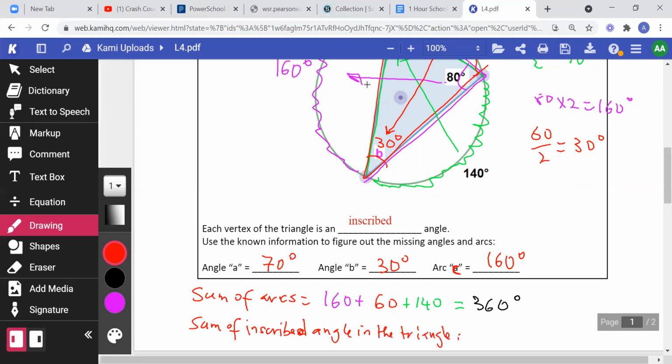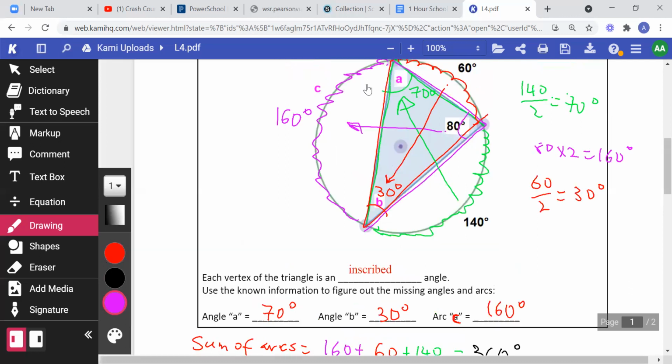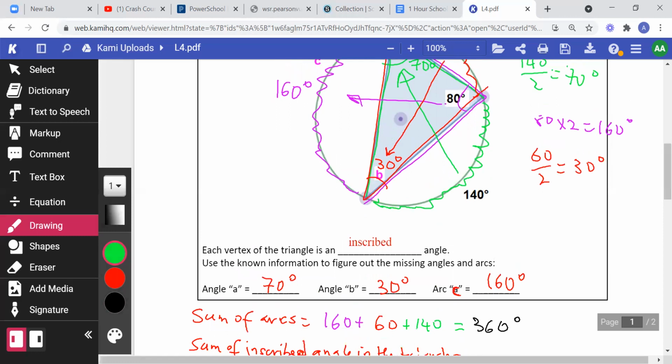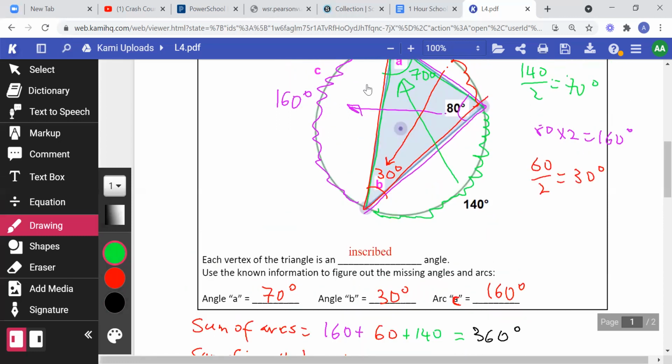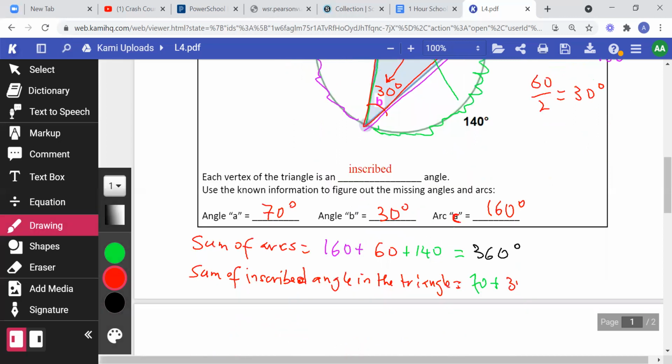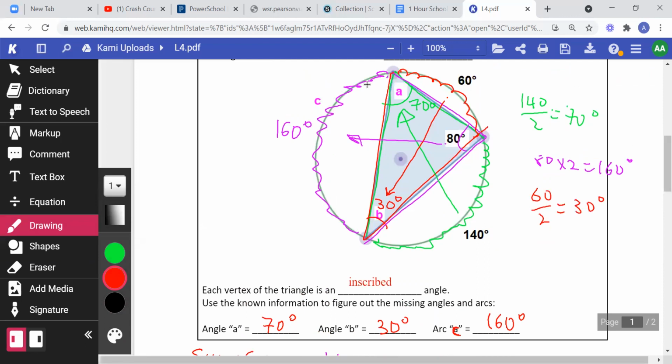In this triangle, the sum of inscribed angles, as you can see, angle A is 70. Angle B is 30. And then the purple angle is 80.